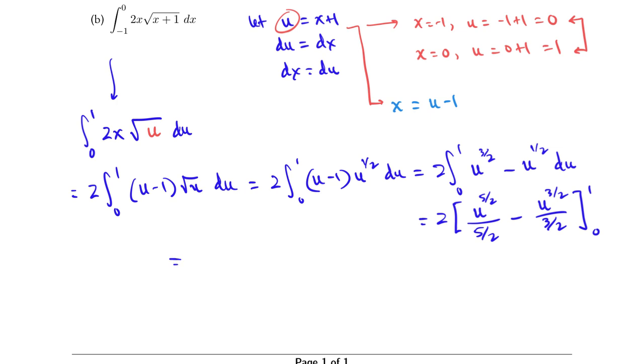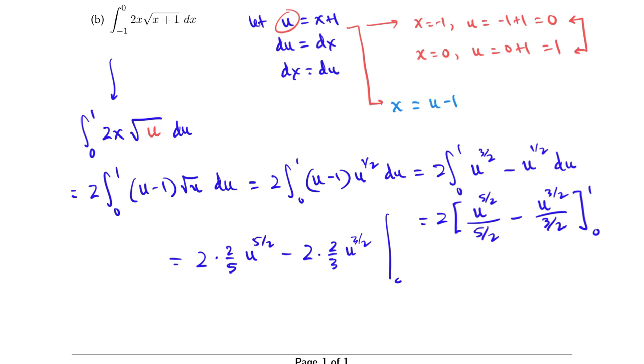Simplifying this, we have 2 times 2 over 5, because dividing by 5 over 2 is the same thing as multiplying by 2 over 5, u to the 5/2, minus 2 times 2 over 3 u to the 3/2.